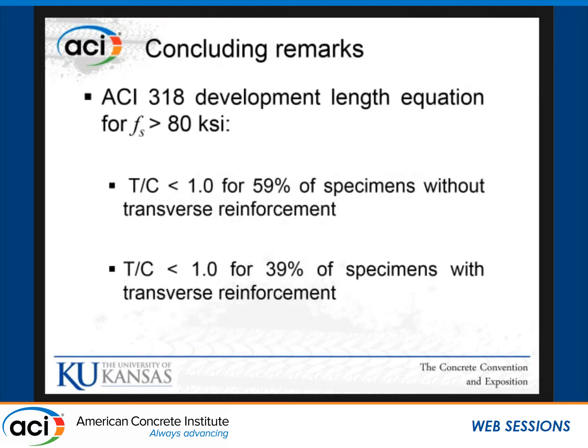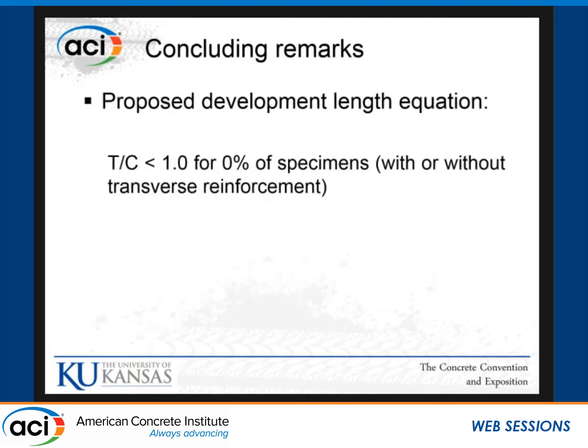So, summarizing my presentation, I want to reiterate what I said. For the ACI 318 development length equation for stresses greater than 80 ksi, test over calculated was less than 1 for 59% of the specimens without transverse reinforcement, and it was less than 1 for 39% of the specimens with transverse reinforcement.